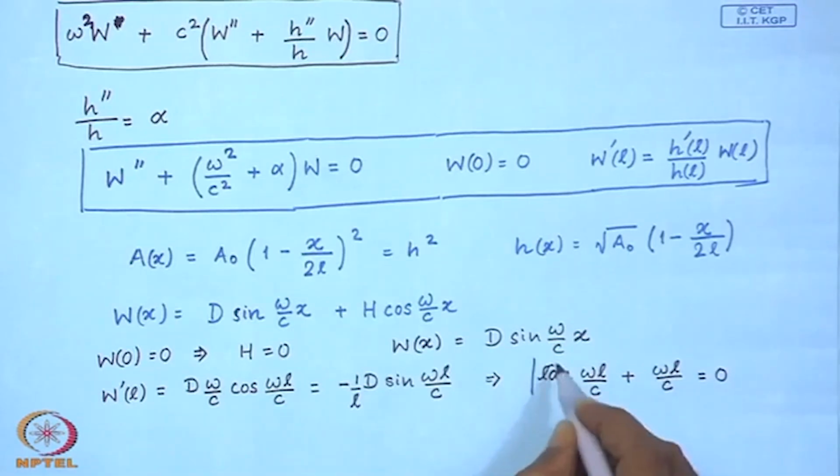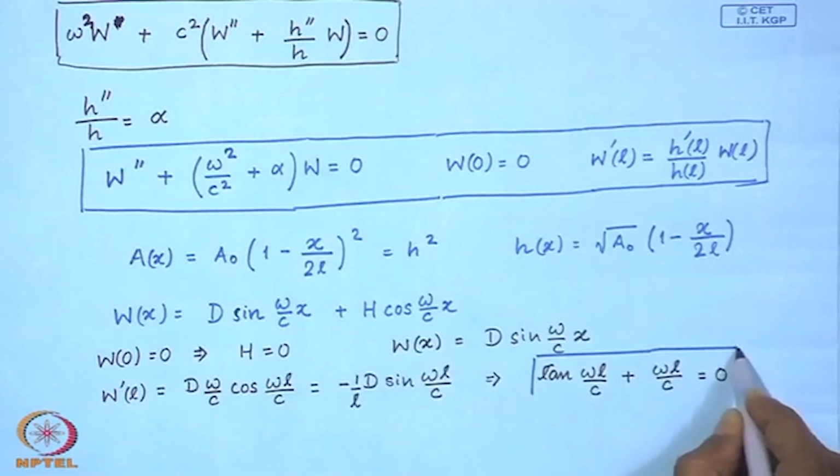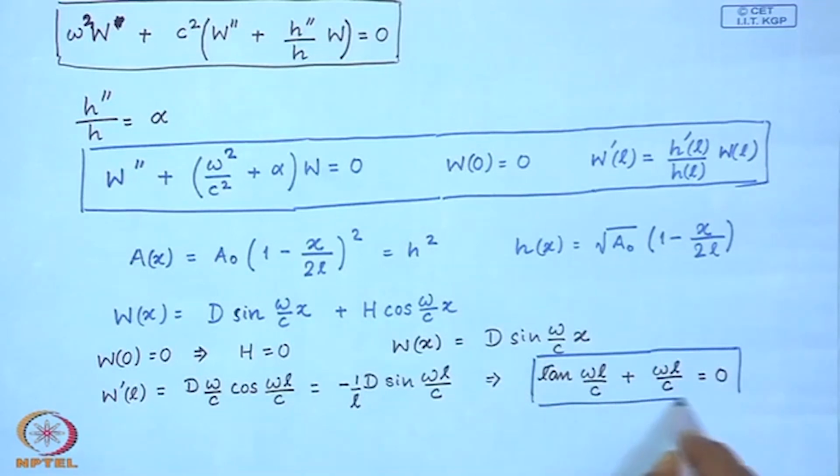what we obtain by applying these two boundary conditions is the characteristic equation of our system.